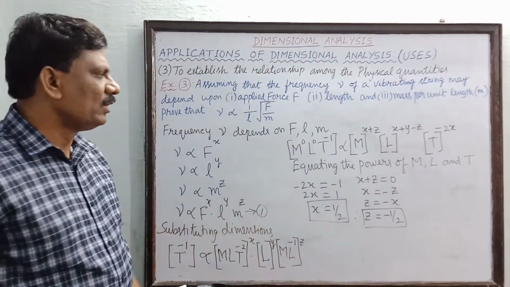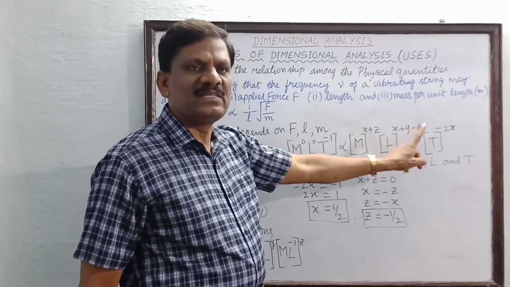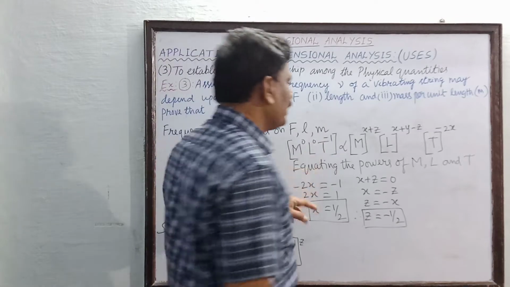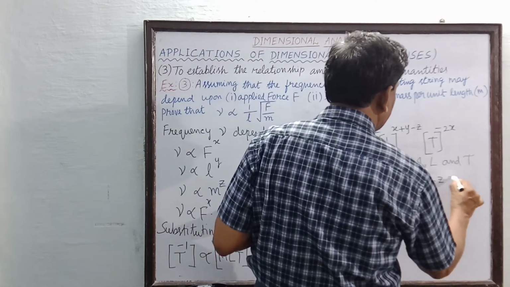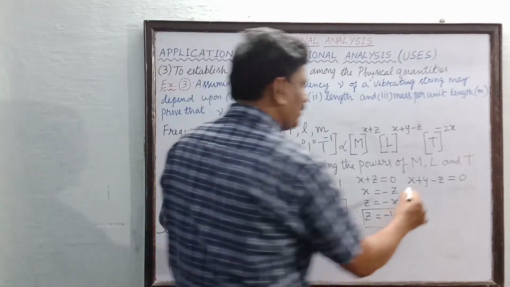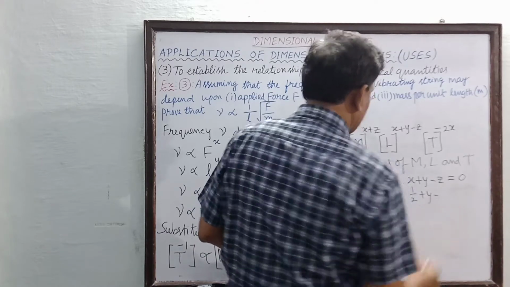Okay. Now I am going to take the middle term L. So L is raised to the power x plus y minus z, and here L power 0. So if I equate, x plus y minus z is equal to 0. X is equal to 1 by 2, so I will substitute here 1 by 2 plus y minus of z.